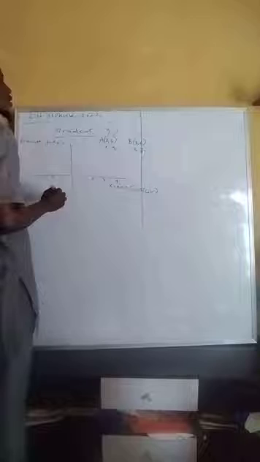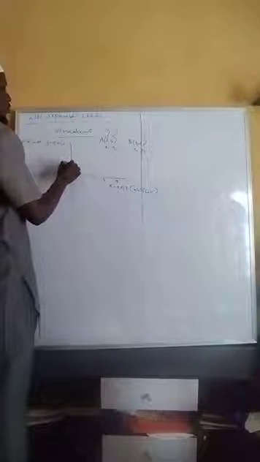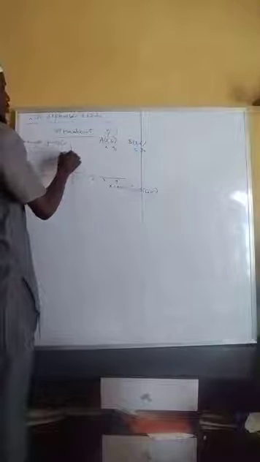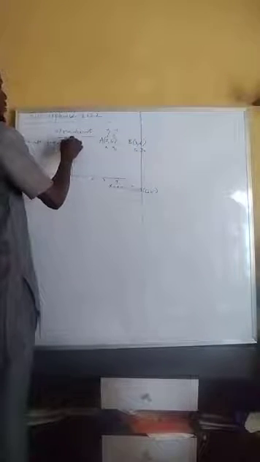So for the y-axis, the positive axis is this. So we can have 1, 2, 3, 4, 5, 6, 7 to infinity. And here we can have negative -1, -2, -3, -4, -5.